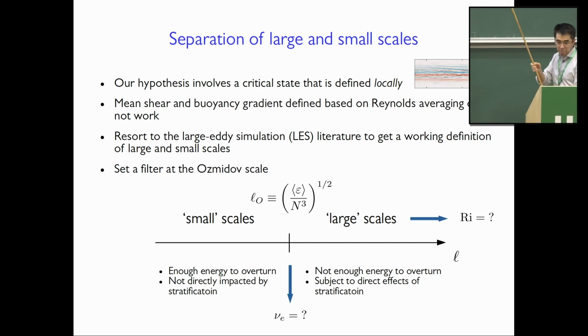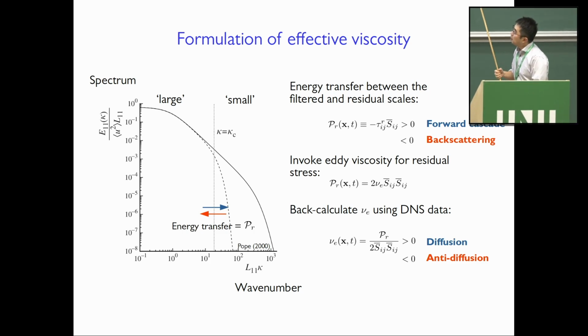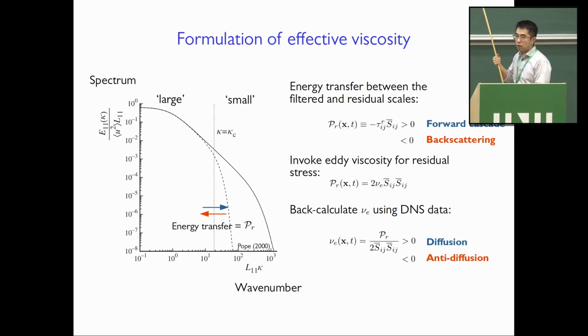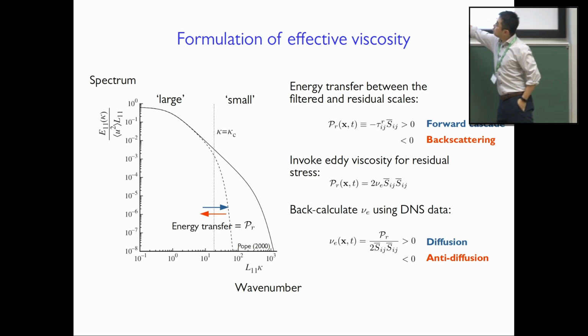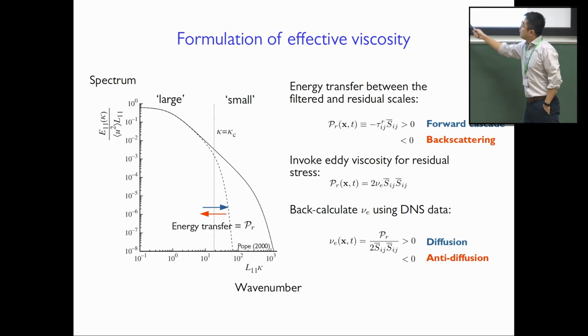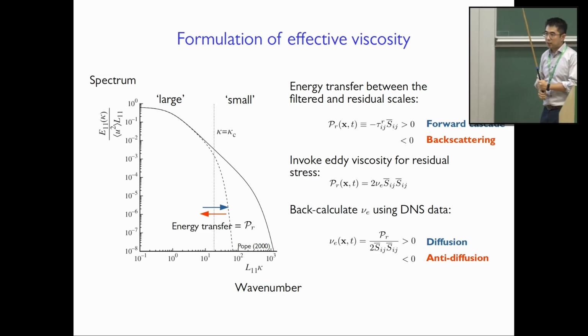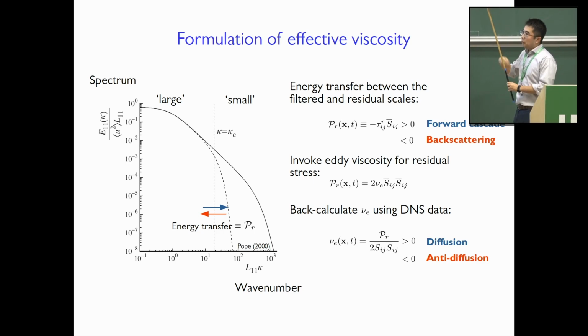So I borrow lots of tools from the large eddy simulation community. If you look at the sample spectrum right here, you're going to put a filter somewhere. That will be my Ozmidov scale. If you look at the energy budget equation for the energy contained in the filtered scale, you will see a term like this.